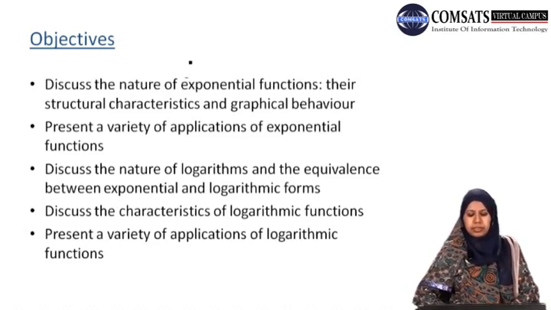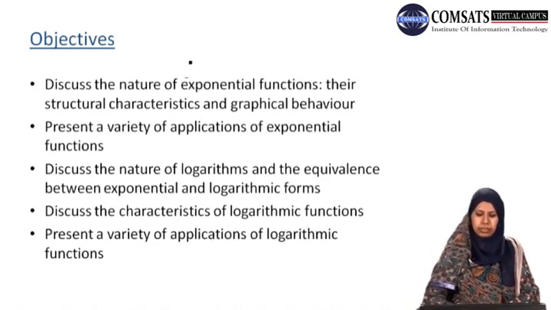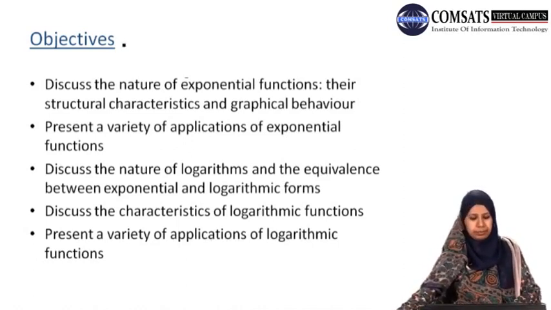Again, to discuss the characteristics of logarithmic functions and to present a variety of applications of logarithmic functions. That is where we can use our exponential functions in daily life and what are the applications of logarithmic functions in daily life.